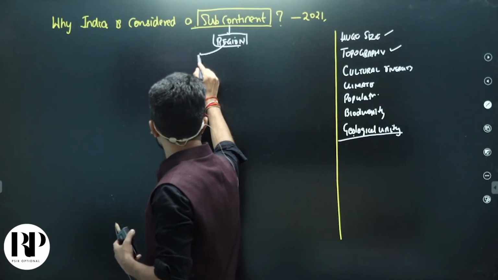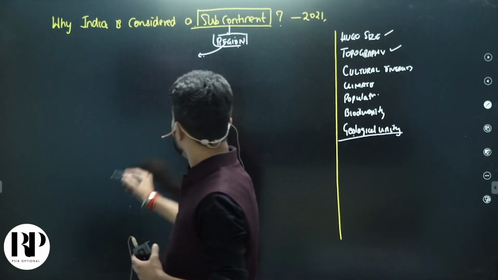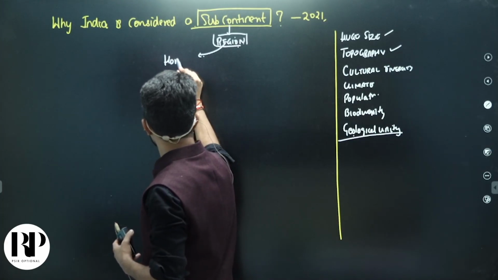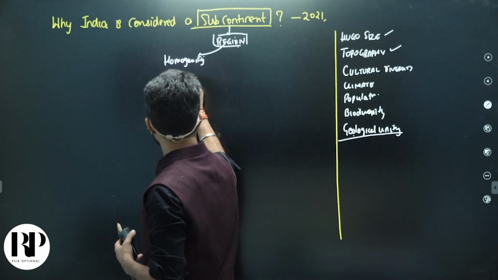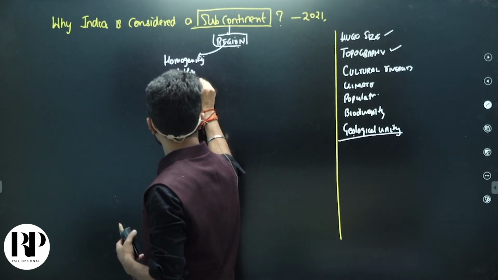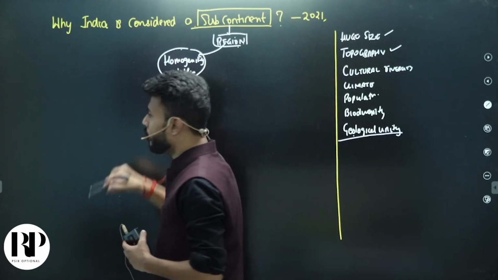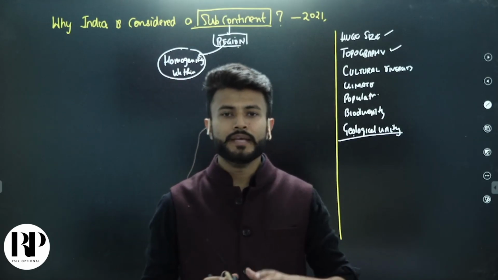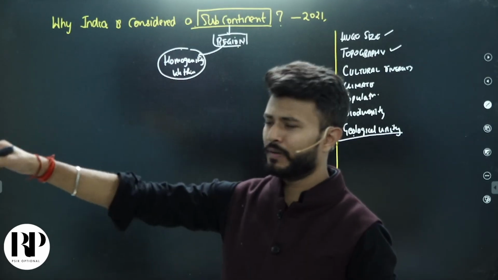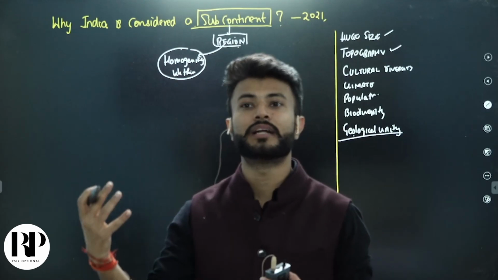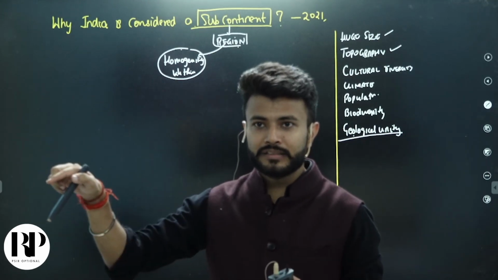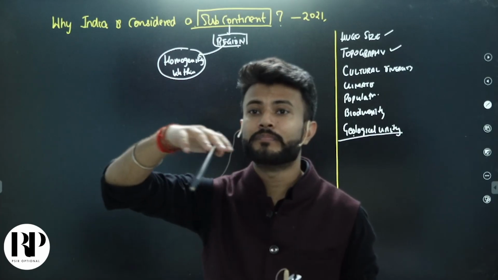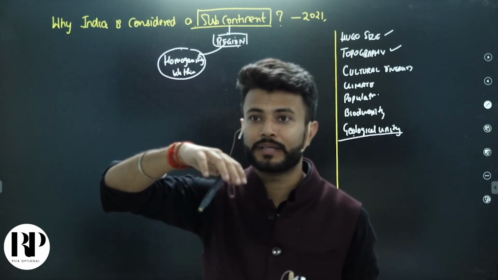That region, one, will have some form of homogeneity within. For example, if I tell you that this particular region is an industrial region, that means everything in that region has an industrial perspective.